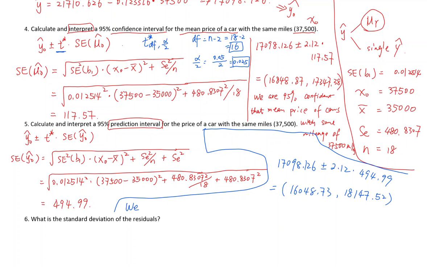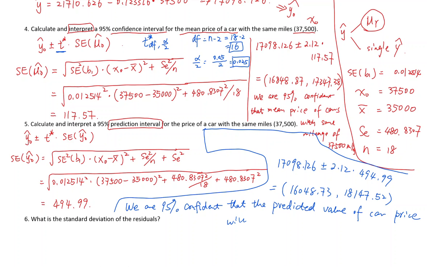Alright, and then how you interpret it will be similar, but now we have the confidence interval for the prediction of a single car, right? So to be different from the previous one, we say we are 95% confident that the predicted value of the car price with 37500 miles is contained in this interval.